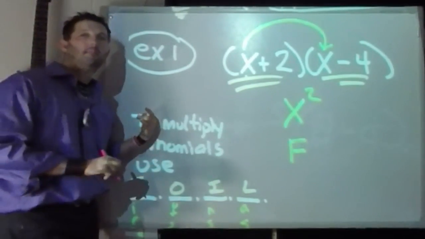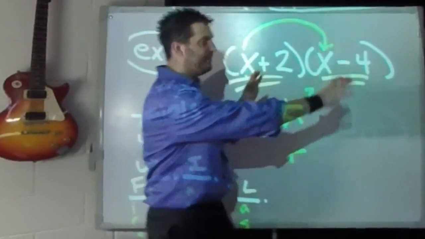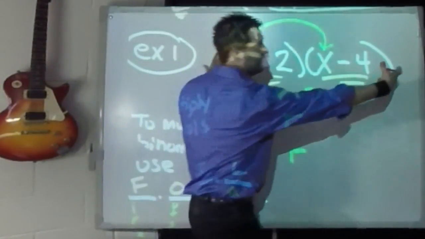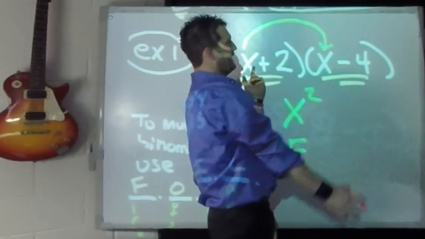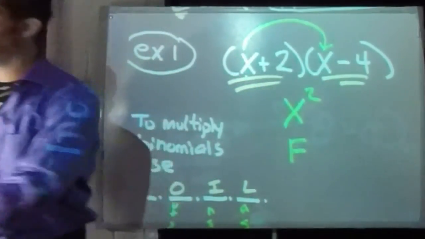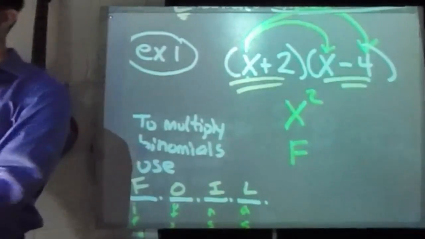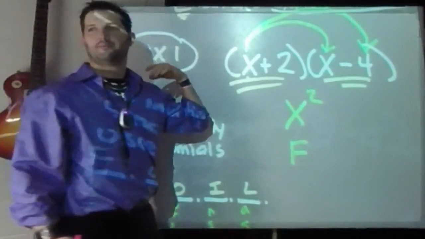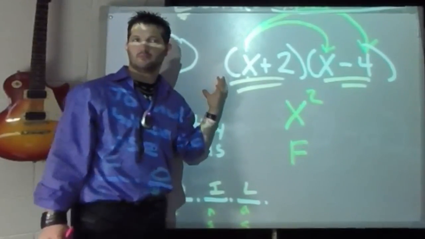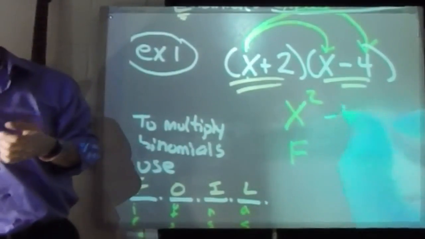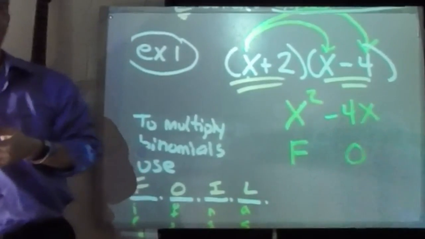Now O means outside. In this binomial, your outside is this far one and this one. The outermost pieces. x times negative 4. So draw that arc. That's your O. What is x times negative 4? Negative 4x. So your second piece is negative 4x.